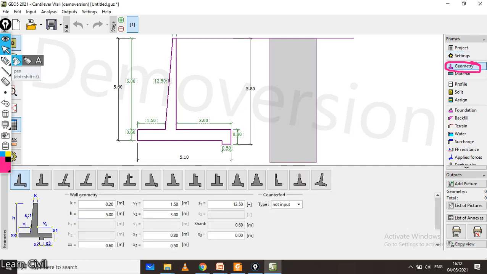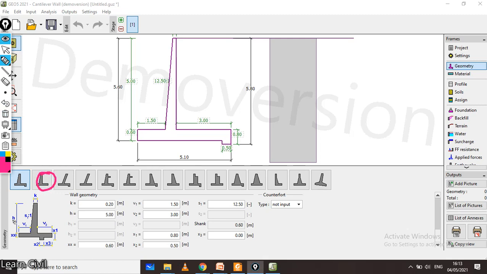Now a lot of different types of geometries are available. You can see here for this particular retaining wall, it is having some stem, a heel slab, and some shear key like this. Here it is having a base slab, heel slab is here, and toe slab is here. On the heel portion some shear key arrangement is provided.